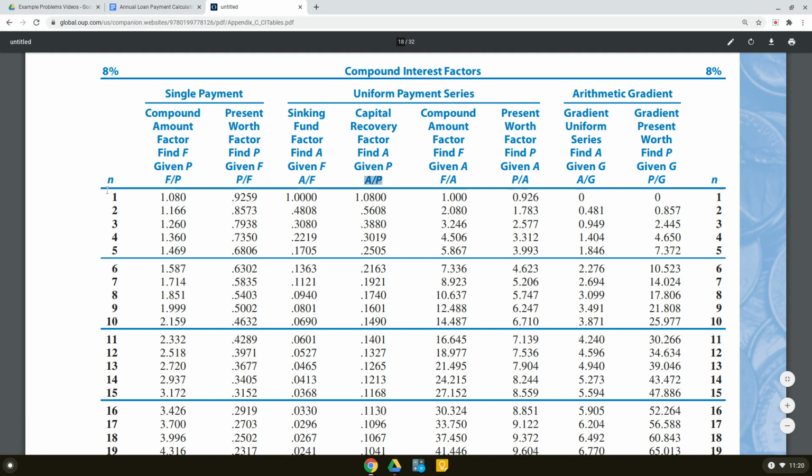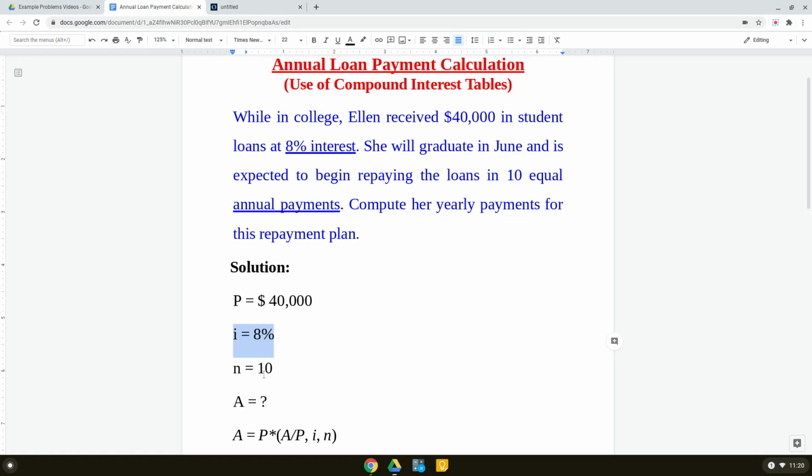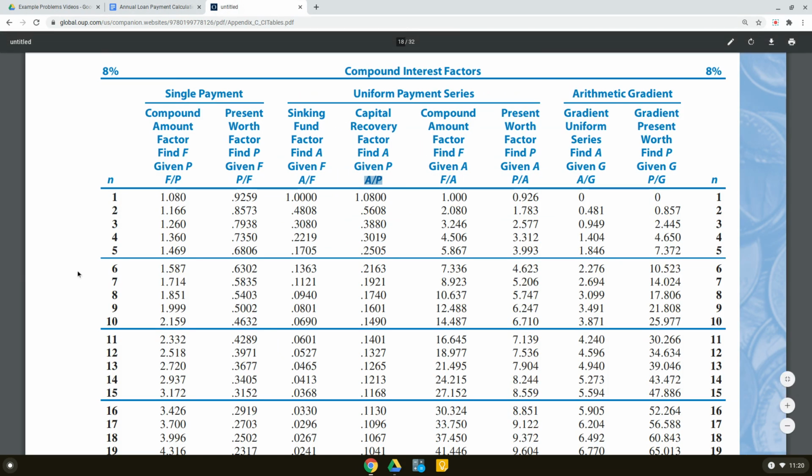Then in the first column, N, the number of payment periods, we know that we have 10 years. It can be anything, 10 years, 10 months, but in our case, everything is in years.